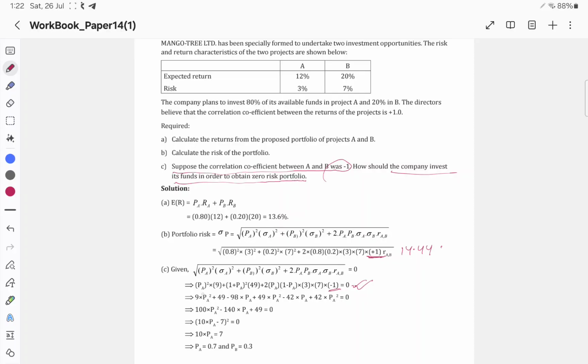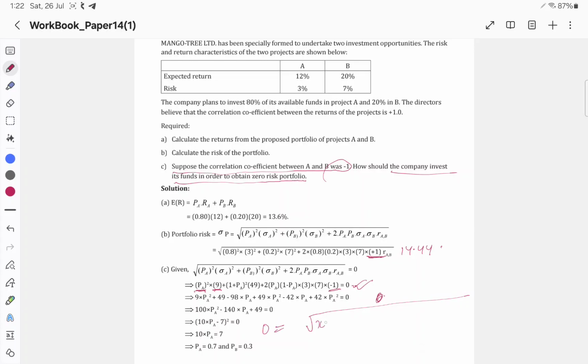So what we'll do is, we'll take the weights as x and y, suppose. Let me see what they have done. Or maybe we'll do this by ourselves. Basically we have to calculate the weights so that the risk becomes 0. So let us calculate by our method only. So risk is 0.